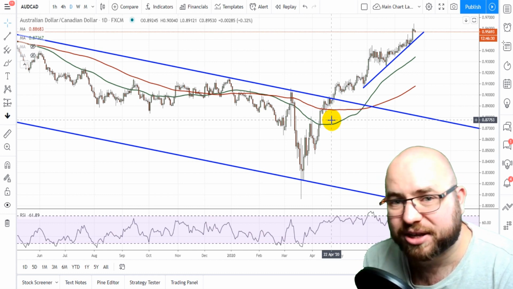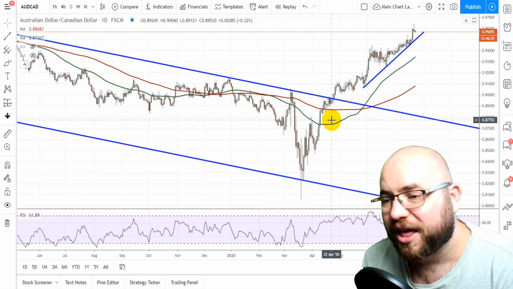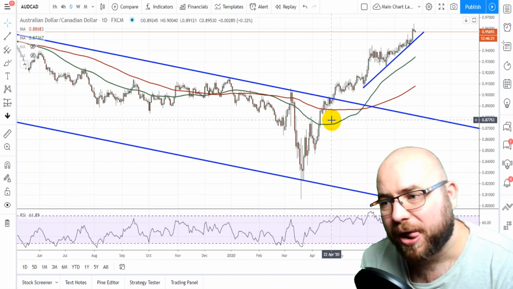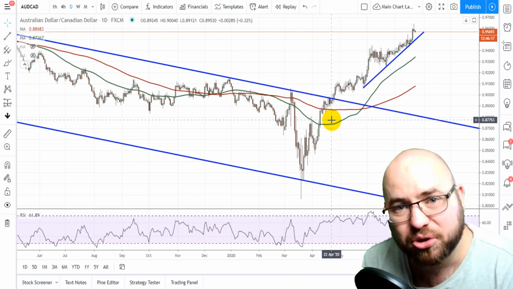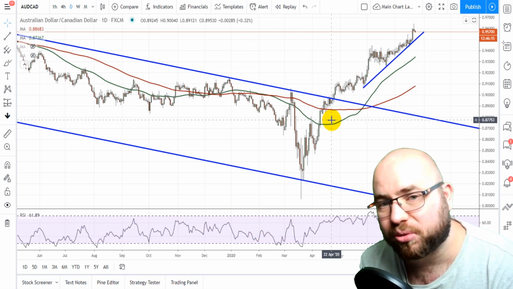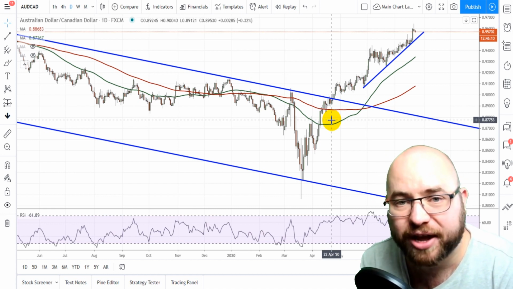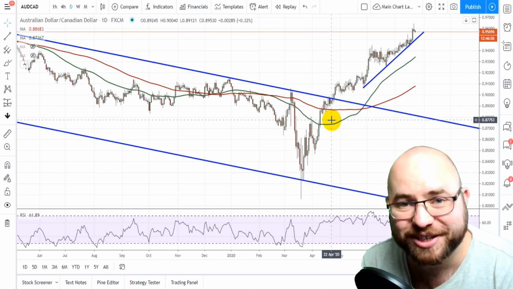Answering the second part of that question, how much capital do you need to get started? There is no set figure that I can recommend. What I would suggest is, once you know the basics, once you are profitable on a demo, you will have a good idea of how much you need to fund your first account with.